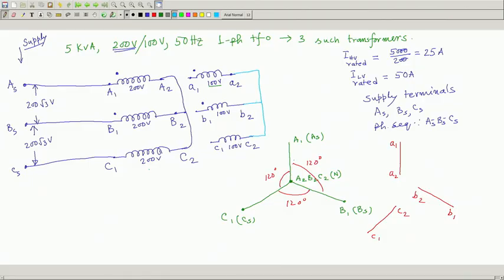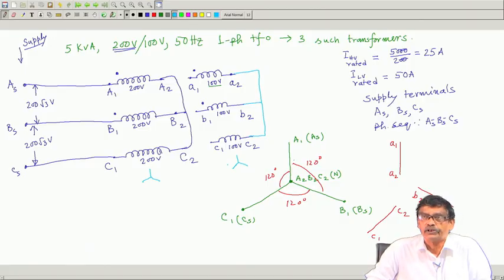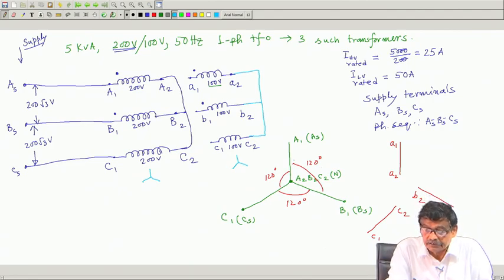So, this is star connection and then the secondary also becomes star connected. And the moment A2 B2 C2 are shorted, these 3 phasors cannot live in isolation, because A2 B2 C2 I have forced these 3 terminals to be at equipotential. Their potentials cannot be different if it is connected by a piece of wire like this.